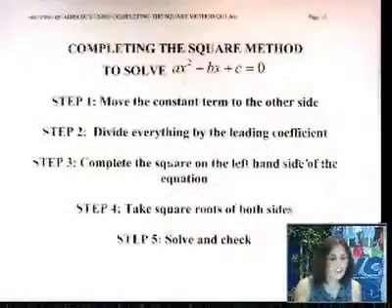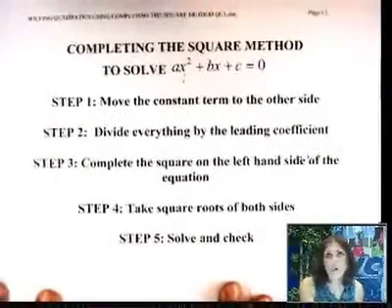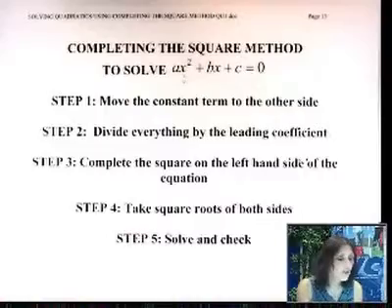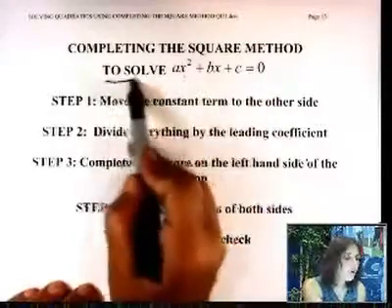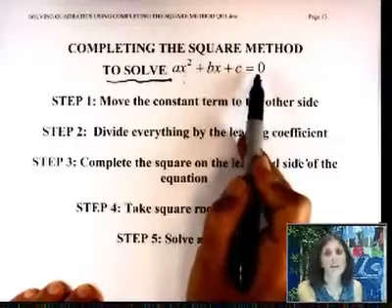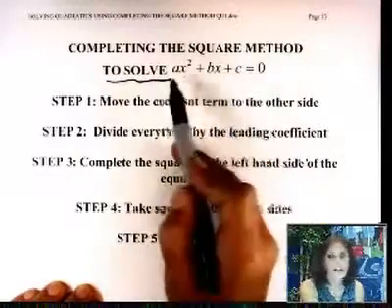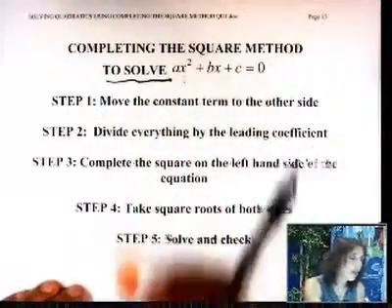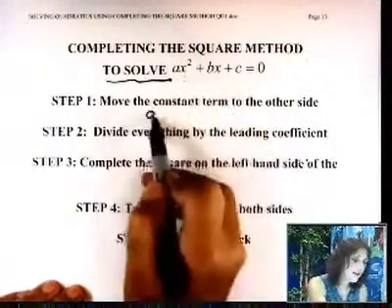Now we're going to put this concept together with the whole method of completing the square. This is how you do it. The goal is to solve a quadratic equation like this. You have 0 on one side, everything else on the left. What you do, move the constant term to the other side. So you get that.